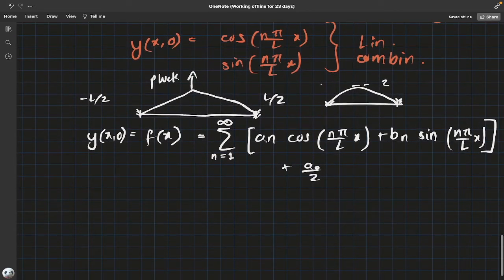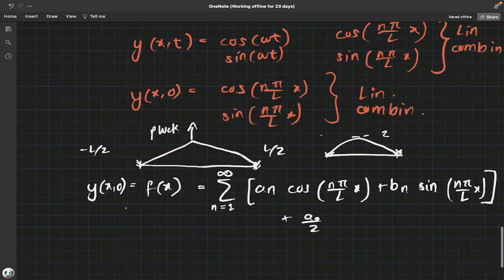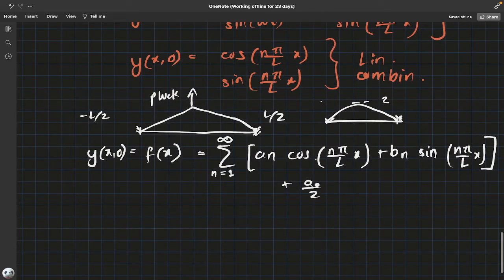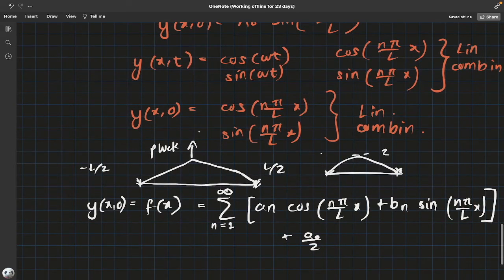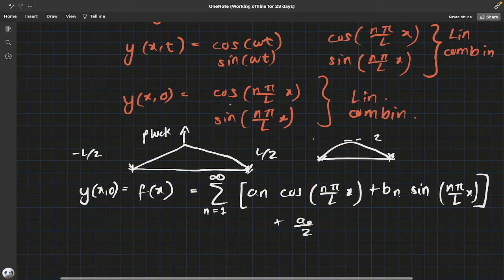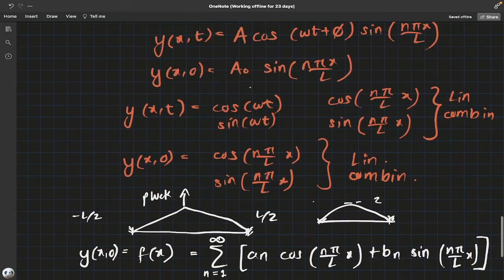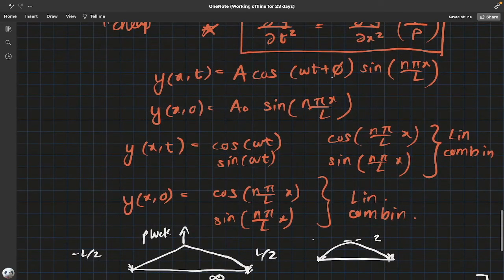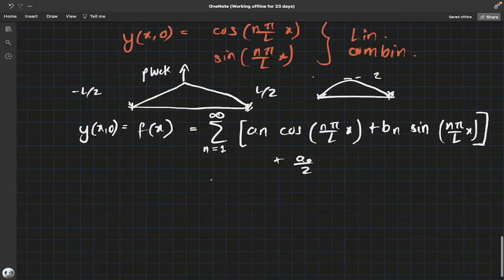So we need to find these coefficients so that after we find them, we can represent this arbitrary pluck as a linear combination of sines and cosines. And then to find the general solution depending on position and time, just multiply by the appropriate cosine of omega t plus the phase factor, and then you're done.